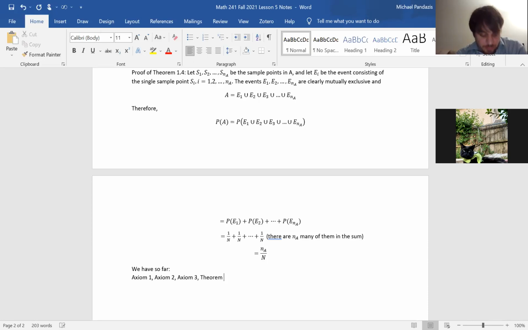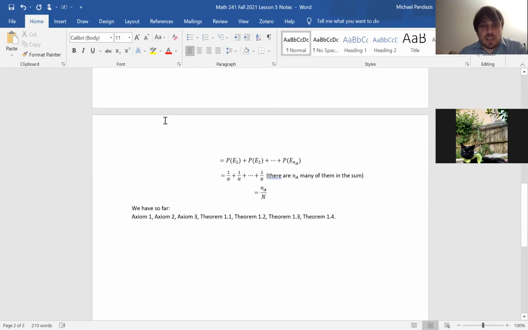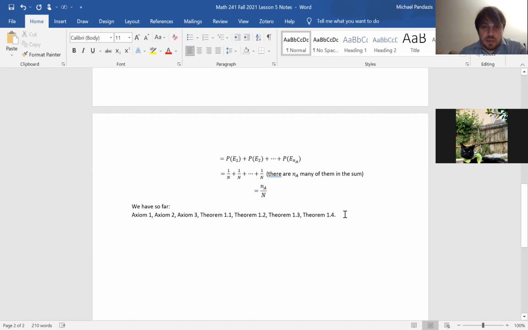We have theorem 1.1, theorem 1.2, theorem 1.3, and theorem 1.4. So if you want to review this section, those are 7 things to look at. There are other things too, but we have these. So when you look back at the notes, look at those as a partial review of what we've done here.